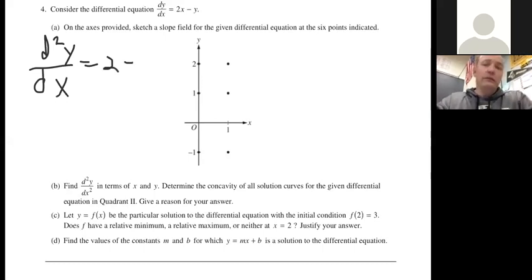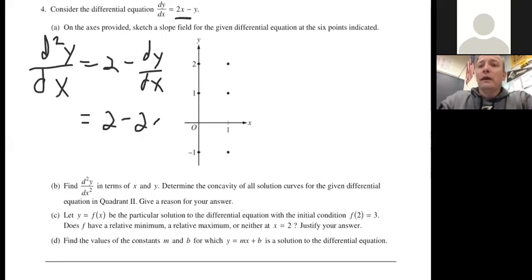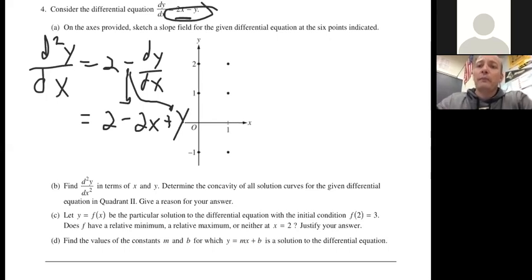And then when I do the derivative of -y, remember I'm doing it with respect to x, so it's -1 dy/dx. Well, I do not want to keep a dy/dx in there, and I know up here that that equals 2x minus 1. So the second derivative is 2 minus 2x plus y, because I went ahead and distributed this negative sign to both of these numbers from up here. Okay, so that is my second derivative right there, 2 minus 2x plus y.